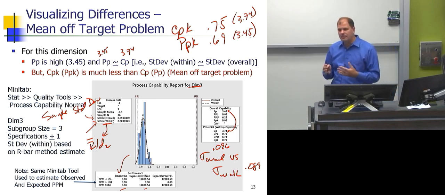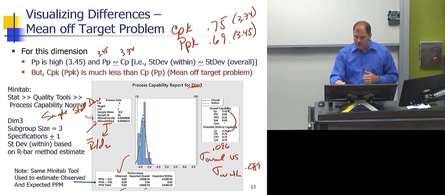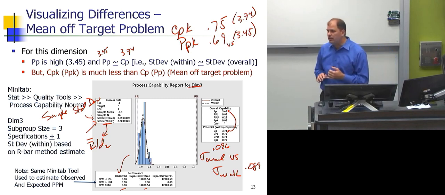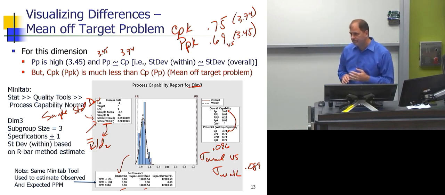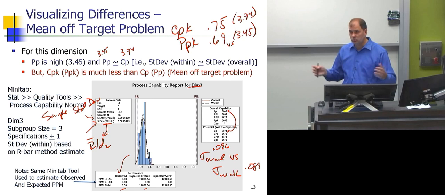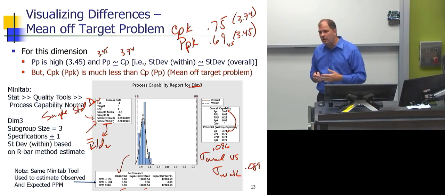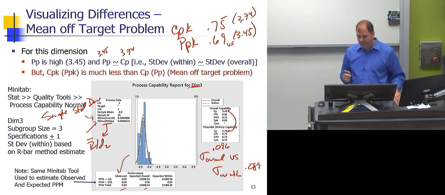The gap between PPK versus PP is small or wide? Really wide, right? And the gap between CPK and CP is also really wide. And you can see that pictorially.